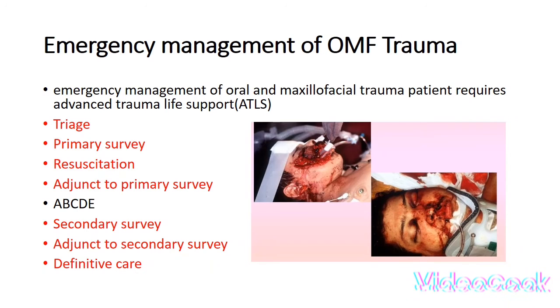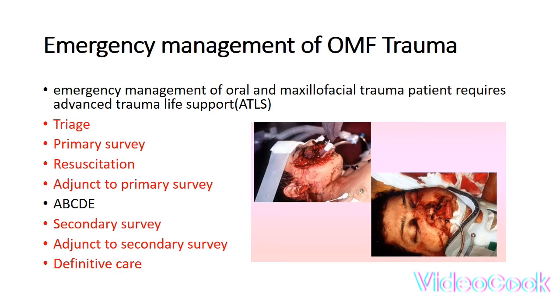We do the primary survey, which is summarized as ABCDE. I know most of you know this abbreviation, where A stands for airway, B stands for breathing, C for circulation, D for disability, and E for exposure.